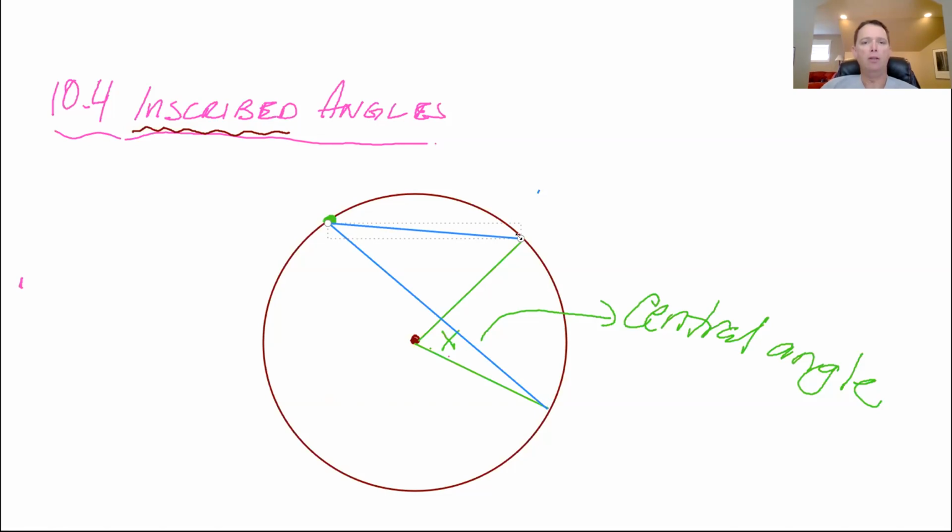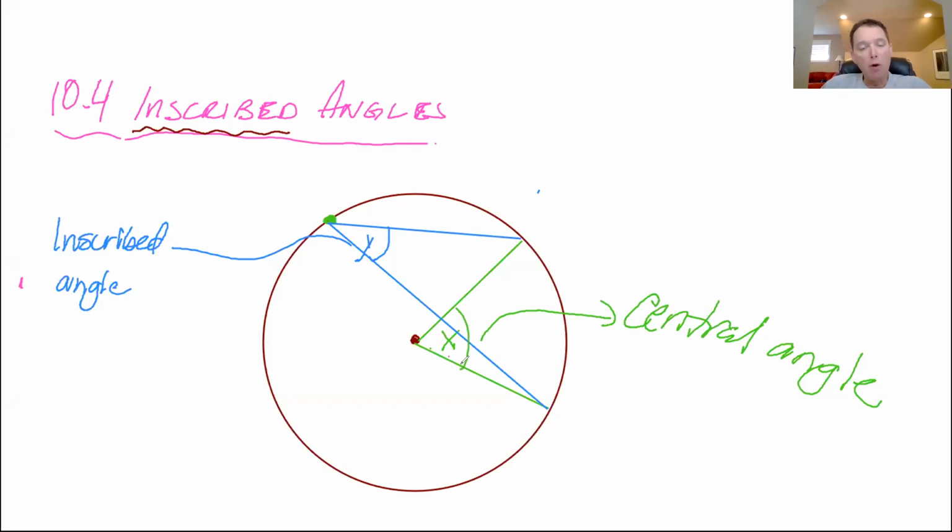Then this angle, I'll label it as Y here, has a different name. We call this inscribed. So an inscribed angle is one that is formed where the vertex is on the circle, and the central angle is one that's formed when the vertex is at the center.